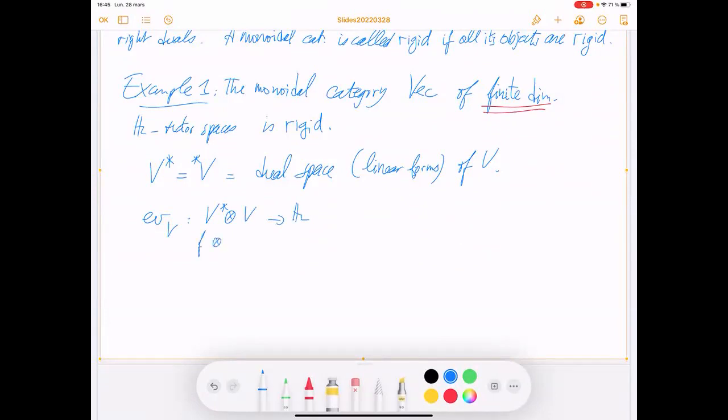You have a linear form, you have a vector, you just apply the linear form on the vector. So it's called a contraction.